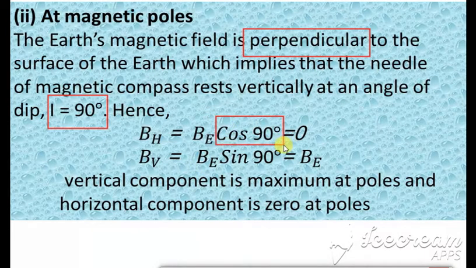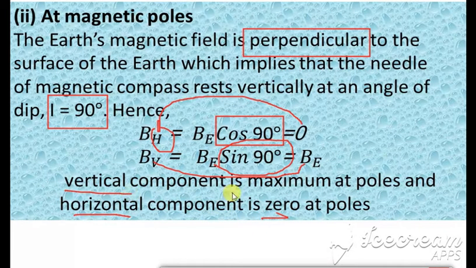The value of cos 90 is 0, so BH is equal to 0. The value of sin 90 is 1, so BV is equal to BE. So the horizontal component is 0 and the vertical component is maximum at the poles.